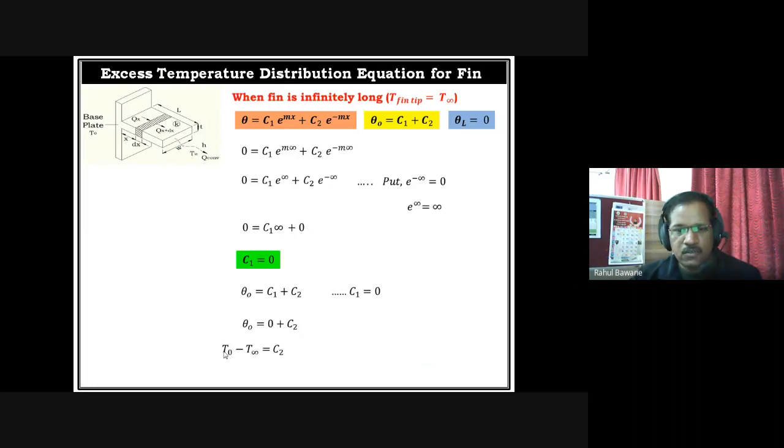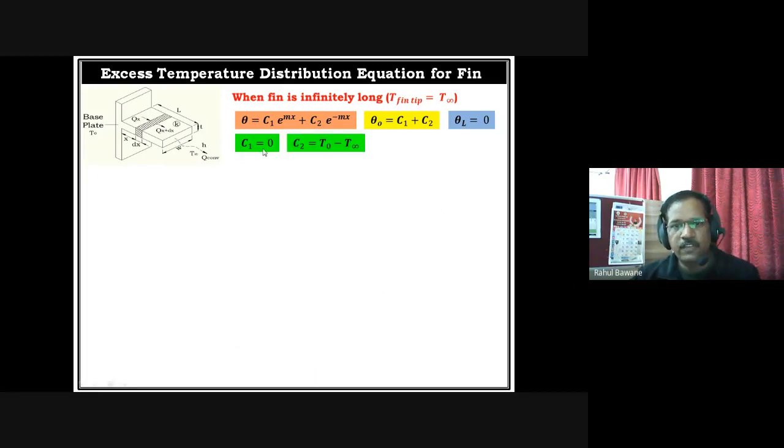What is theta 0? It is nothing but T0 minus T infinity. 0 is denoted for the base, where x is 0, so T0 is the base temperature where x distance is 0. So base temperature minus T infinity is C2. So we got the value of C2 as T0 minus T infinity.